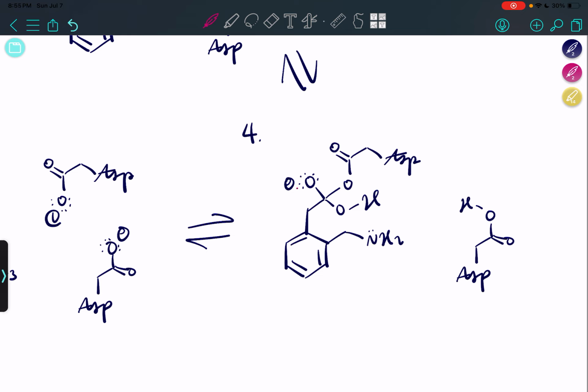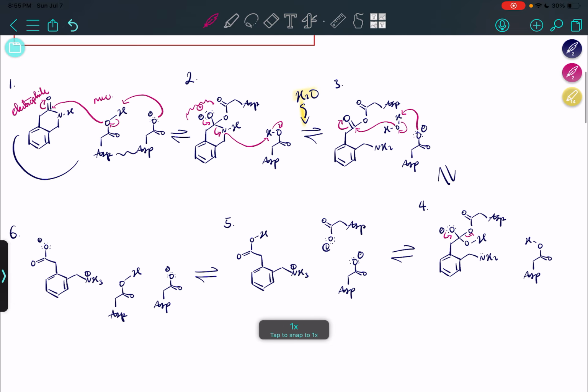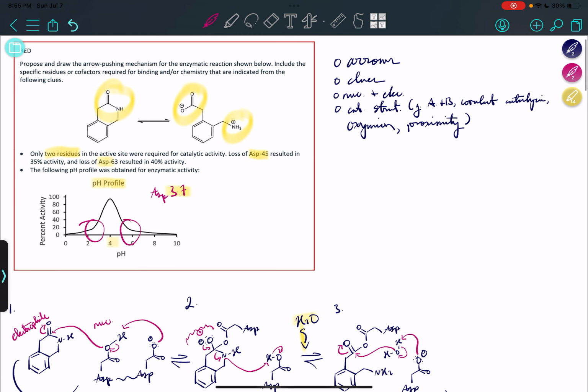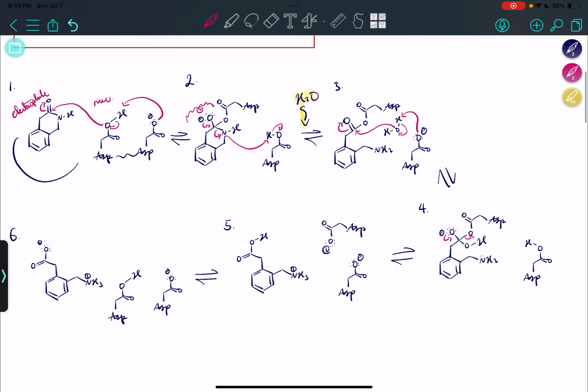And again, we want to push the electrons in the charged oxygen into a double bond, and we'll try to kick out the aspartic acid residue this time. And we also want to reference the beginning, which shows us that there's a protonated amine, and one of the aspartic acid residues is deprotonated, and we want to restore that.